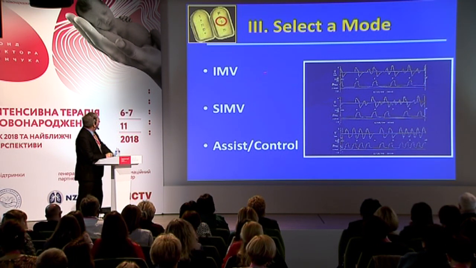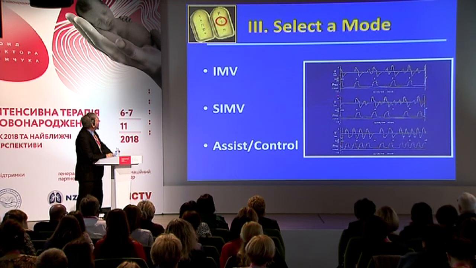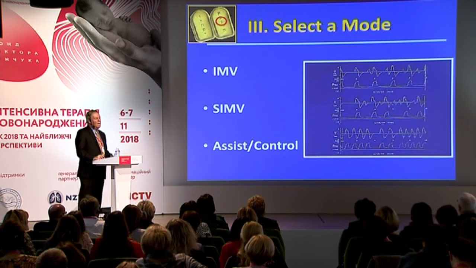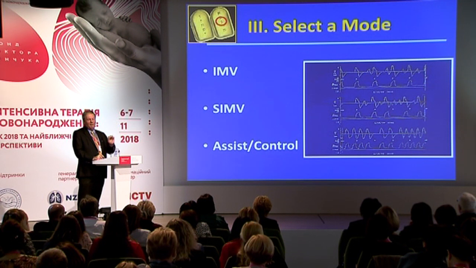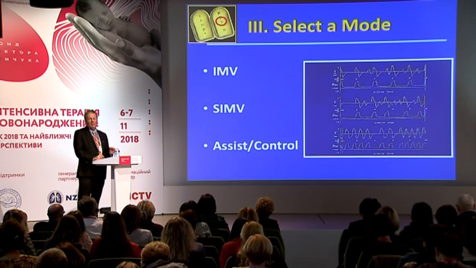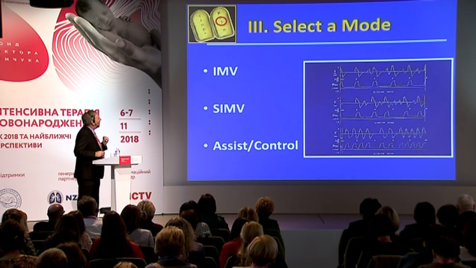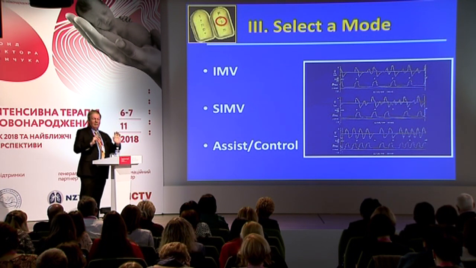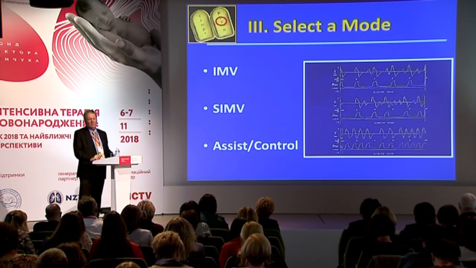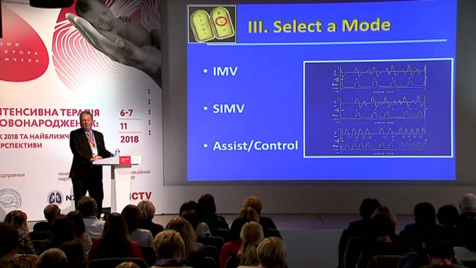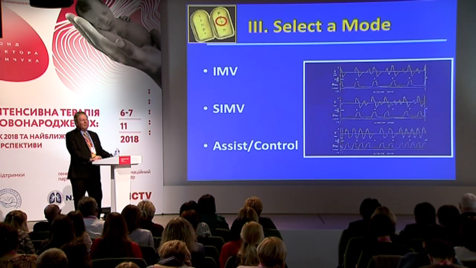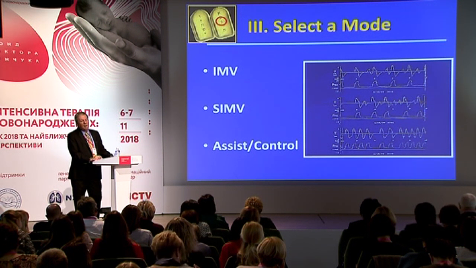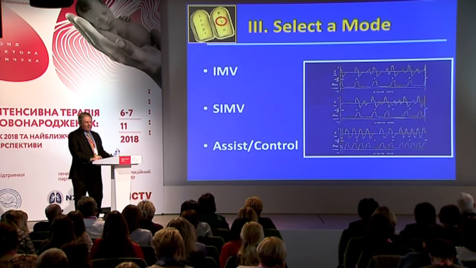And unfortunately, with intermittent mandatory ventilation, the risk of patient-ventilator asynchrony or dyssynchrony is very high. And you can imagine what might happen if the baby is trying to exhale at the same time the ventilator is trying to provide positive pressure.